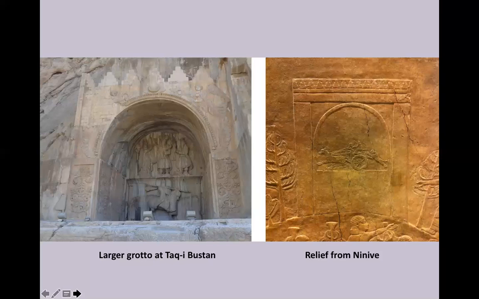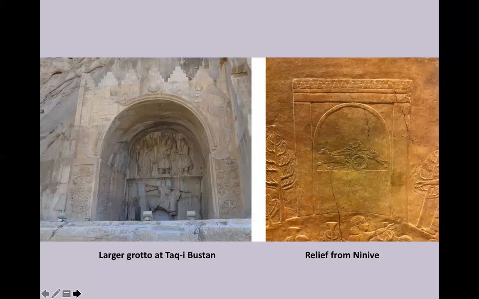So it's as if we are looking, for example, like in Taq-i Bustan on the left of the screen, in front of a monument, and you have exactly this division on 2 levels, okay? On the upper level, you have something, and on the lower level, you have something else. Maybe in the Assyrian relief, we had something which was painted. We don't know. Anyway, during the centuries, this other part disappeared.